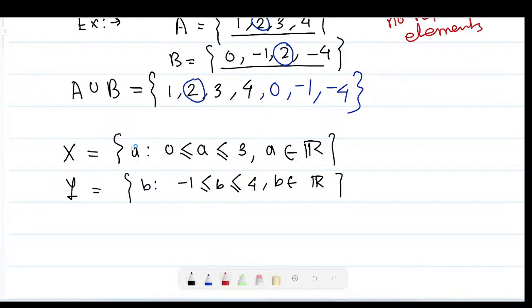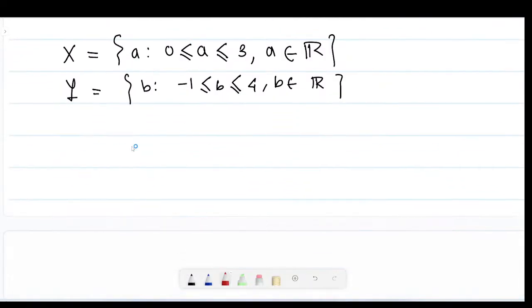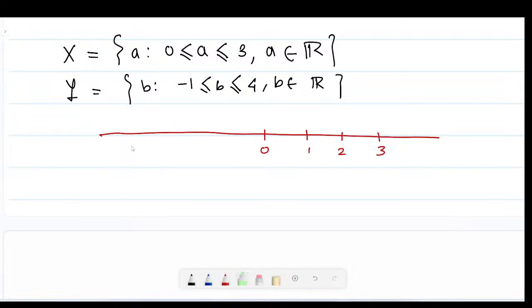So I am taking another condition, that is a belongs to real set and b also belongs to real set. So if I take the number line, the set will be just like that. This is my 0. So this set is 0 to 3. So if this is 1, this is 2, and this is 3. So this is my first set.